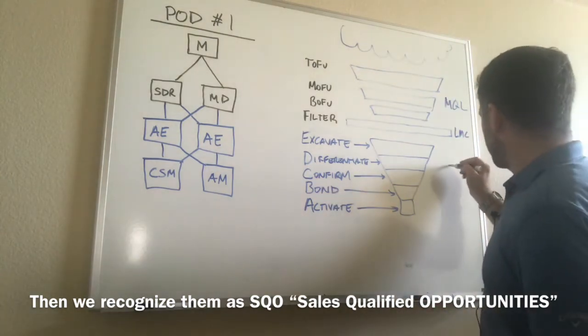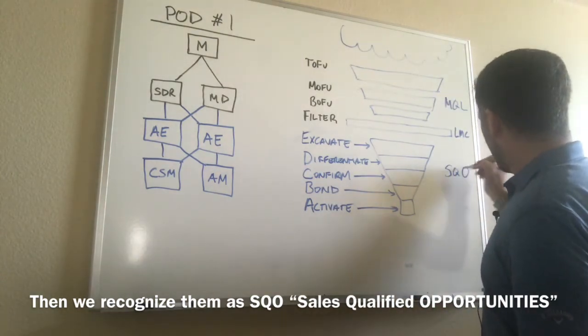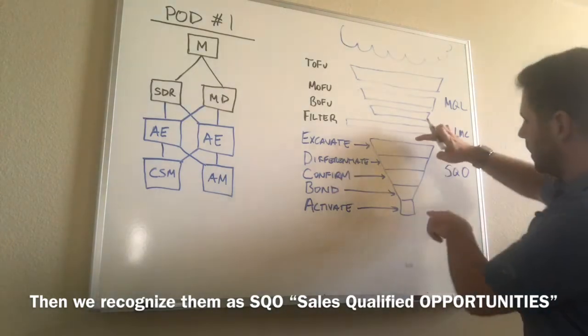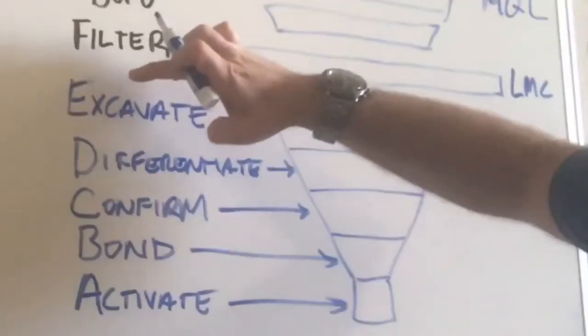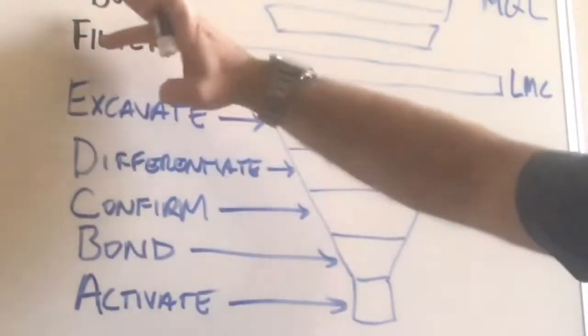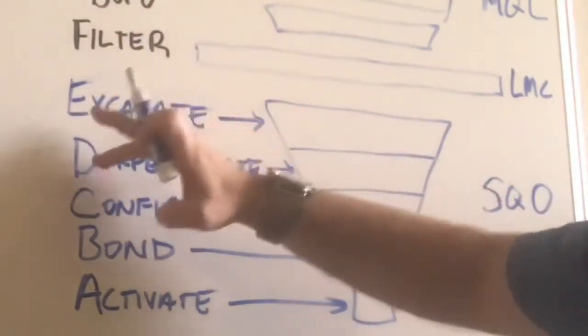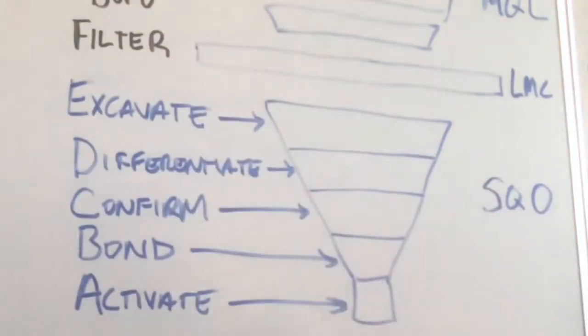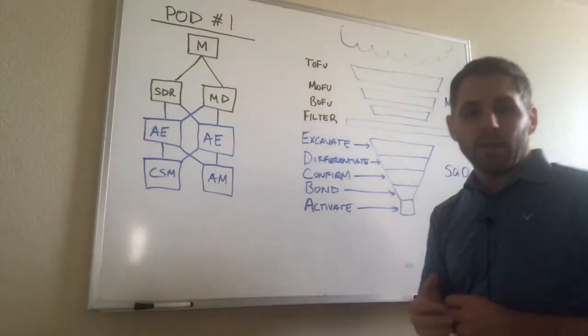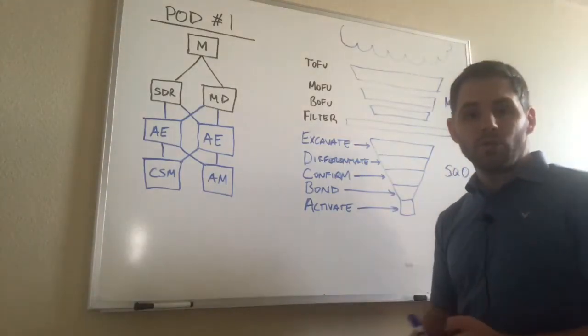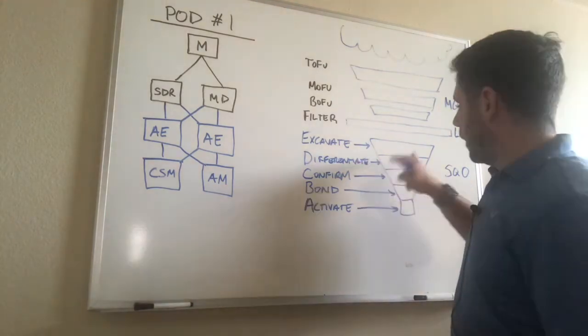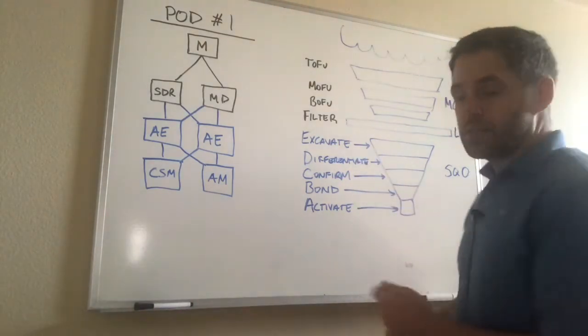It will then go down into the sales qualified opportunity phase in the pipeline here. And we have the 5-stage FEDCBA filter: E excavate, D differentiate, C confirm value, B bond, A activate. Again, keeping it simple, keeping it easy to understand and adopt, and well-defined stage gates and exit criteria for each.